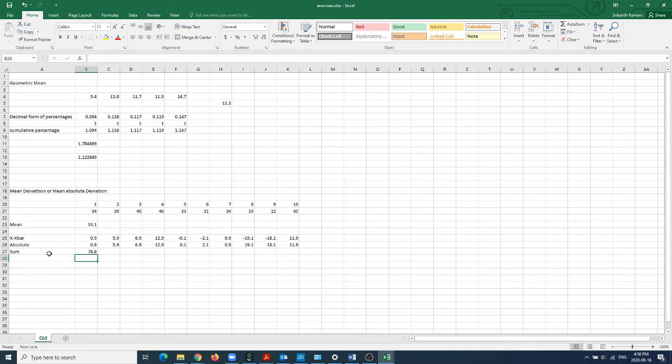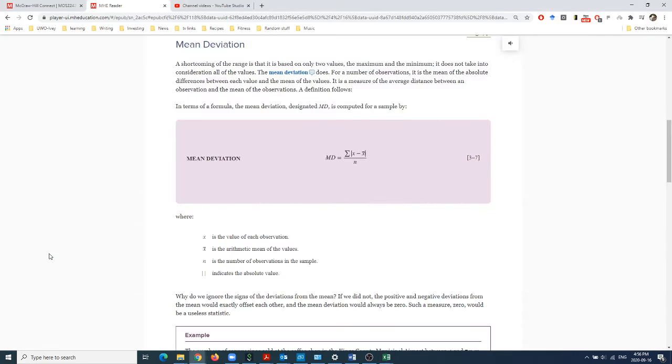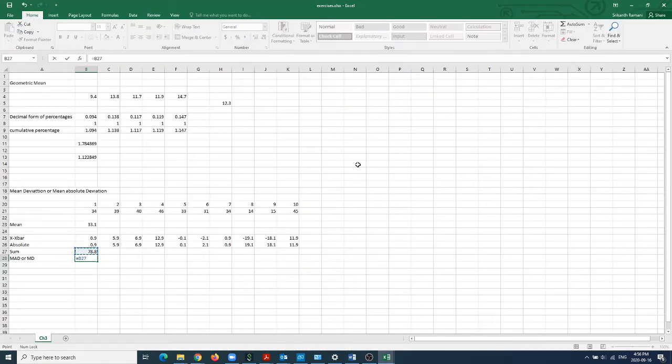So 78.8 is the sum of everything, and then the mean deviation, or mean absolute deviation, is the sum divided by the number of observations. In our case, it's 10. It's 7.88. That's our mean absolute deviation over here.